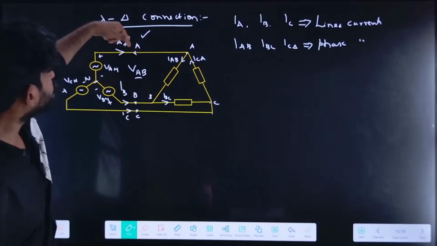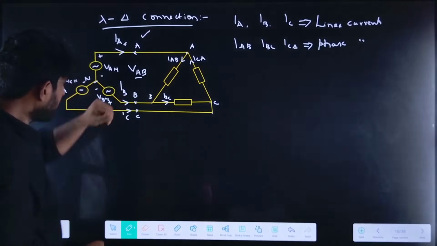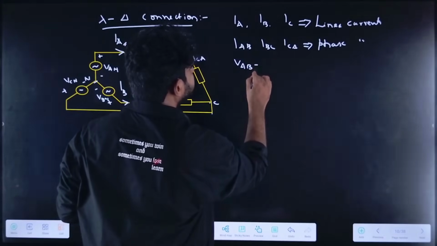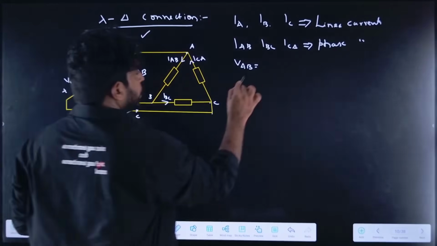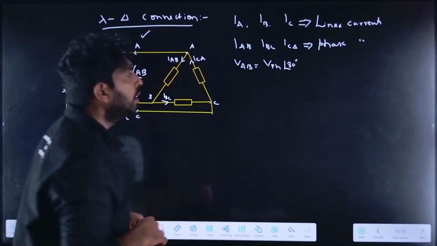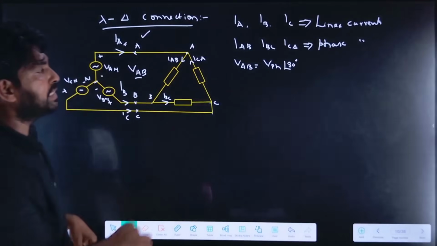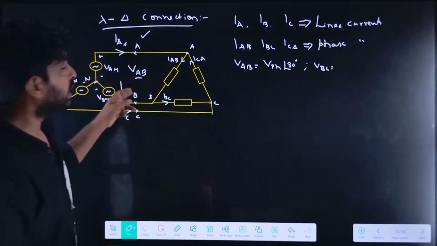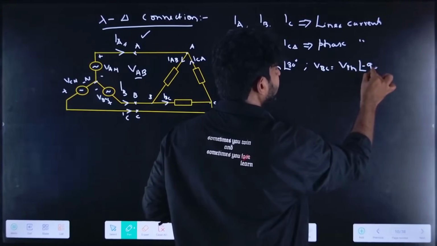So VAB is equal to what? In the case of star, it is a line voltage: the phase voltage at an angle of 30 degrees. So VAB equals V phase at an angle of 30 degrees. What is VBC? The phase voltage at an angle of minus 90 degrees.